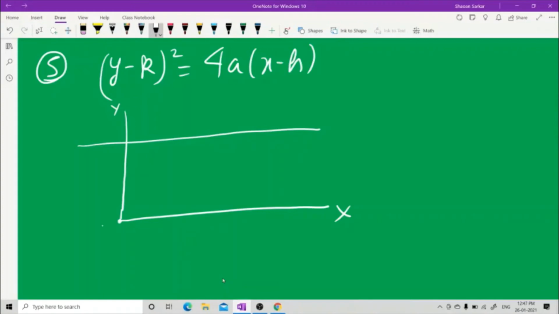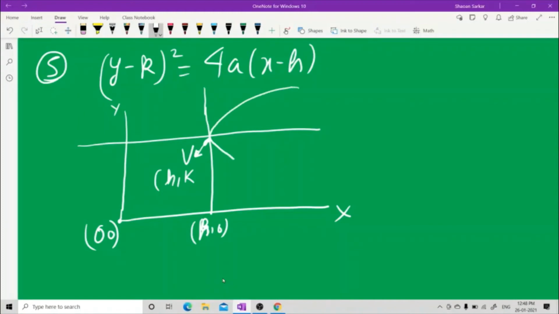This is our origin. Now let me draw the vertex of this parabola somewhere here. This is the point h. So the vertex becomes h comma k. Now our parabola would go like this.